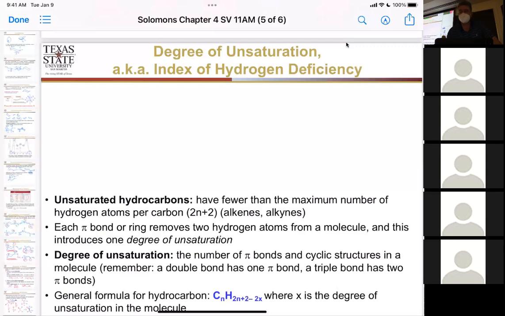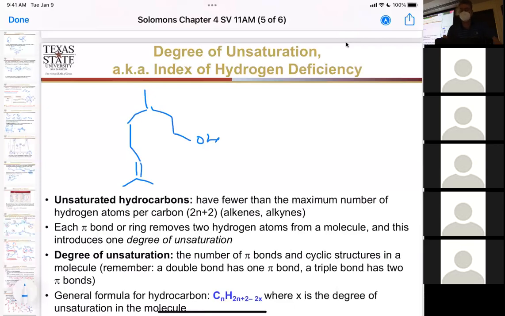If we look at a structure like this, it is citronella oil. It has one double bond, so the empirical formula should have 2 fewer hydrogens than a fully saturated hydrocarbon. Fully saturated means no double bonds, no triple bonds, and no rings.